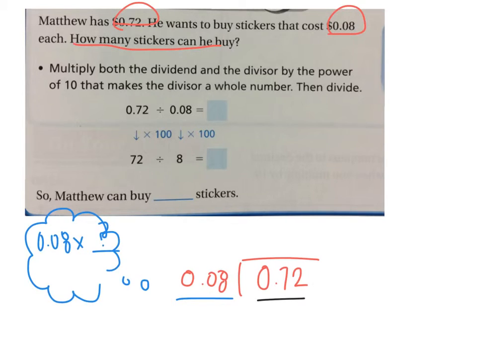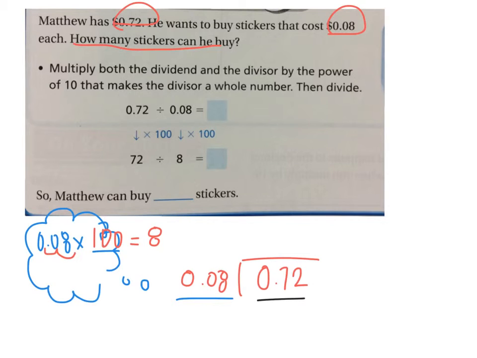Think to yourself in your head. 100. How do you know you would have to multiply it by 100? Because if you multiply it by 10, it equals 8 tenths. And if you multiply it once more, it equals 8. So if I multiply it by 100, that's the same as moving the decimal point 2 spots to the right, right?